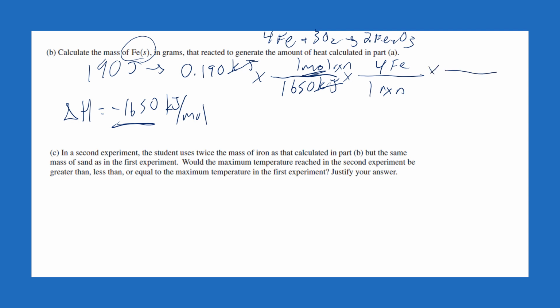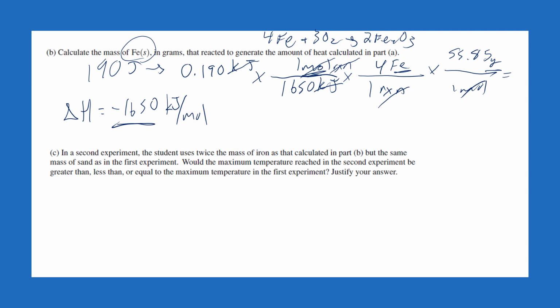And then we can use the mass of iron, which is 55.85 grams per mole. So our kilojoules cancel, our moles cancel, the reaction cancels, and then we're left with grams of iron. So you would do 0.190 divided by 1650 times 4 times 55.85.